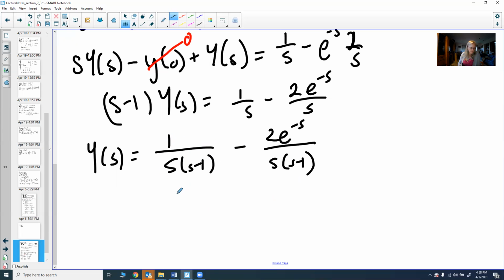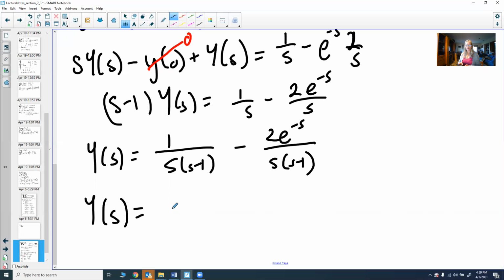If we were to separate these, do partial fraction decomposition, I'm going to actually just do it on my calculator, because it's always a good idea to do it on your calculator, or Wolfram Alpha, or some other way.